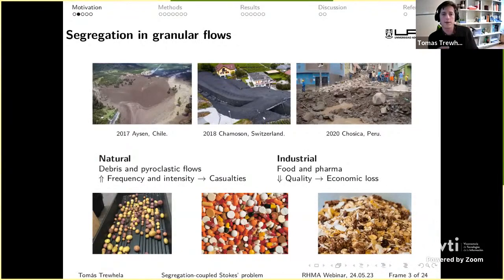So to put a little bit more perspective on segregation, this is something that happens in our day-to-day life. From something as common as segregating potatoes, not in a factory, but in an exportation facility, to the pharmaceutical industry and the food industry. Every time that we find particles of different sizes, shape, or even colors, we can segregate them.